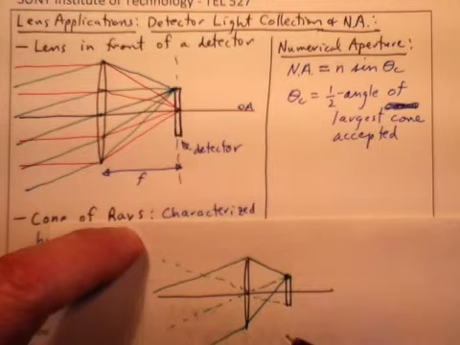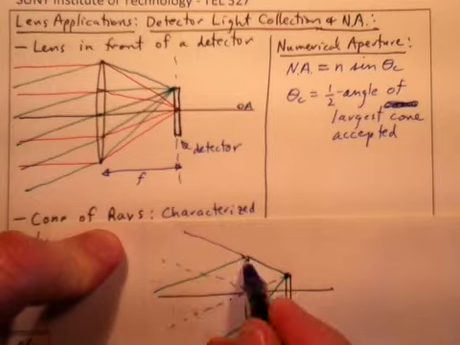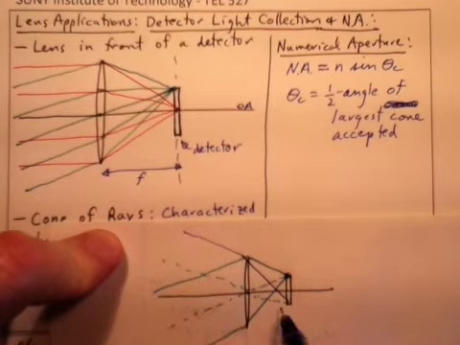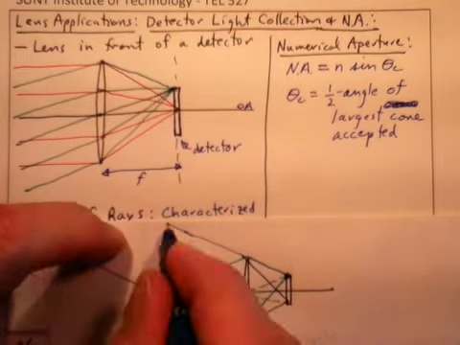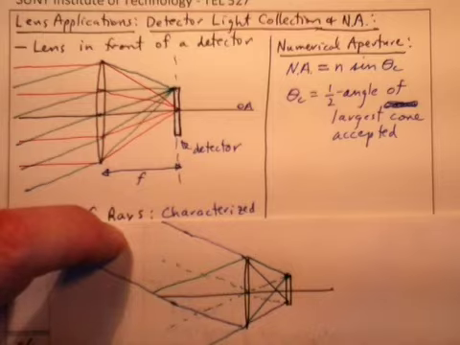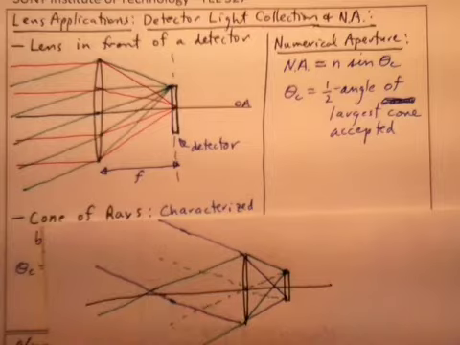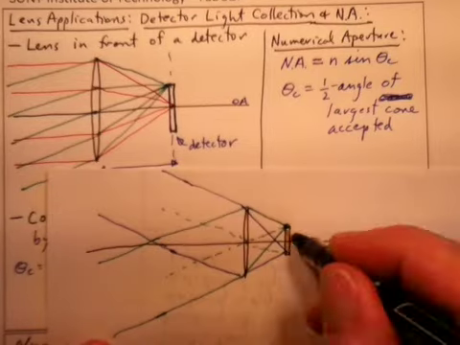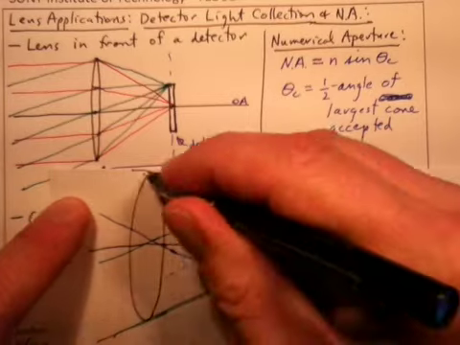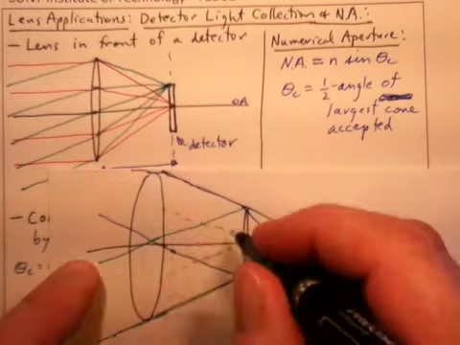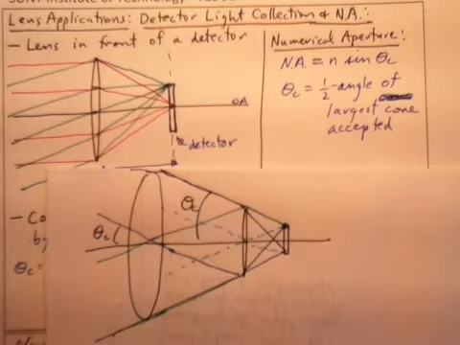The rays in blue are focused down at the bottom. And so anything within this cone is then focused onto the surface there. So this is that cone right here, and that cone is characterized by this cone angle, theta c, which is the half angle of the cone.